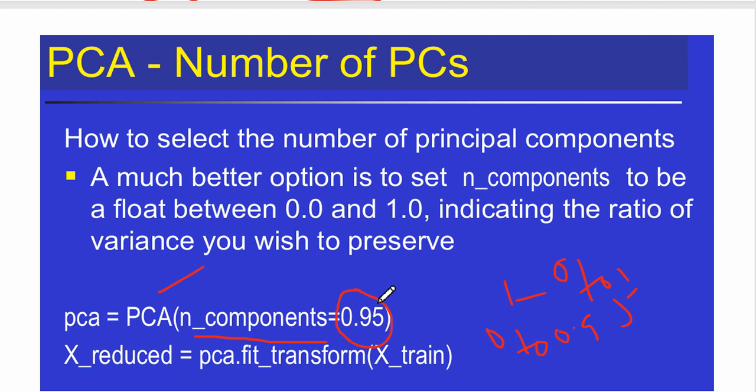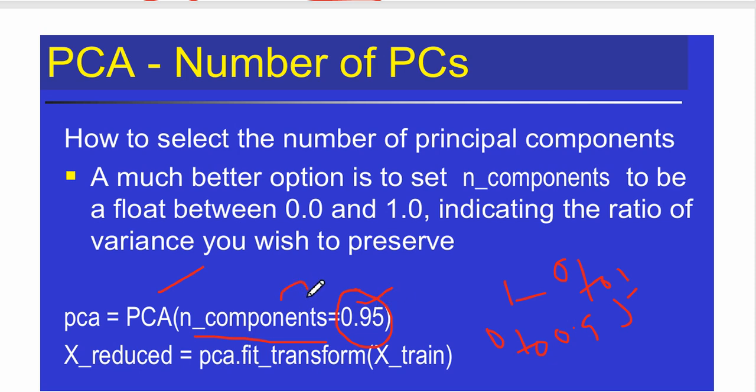So for that purpose, we need to identify the optimal number of components needed for the given data set without losing the data. For that, the explained variance ratio value is helpful.